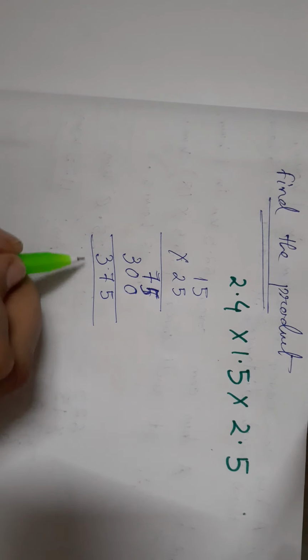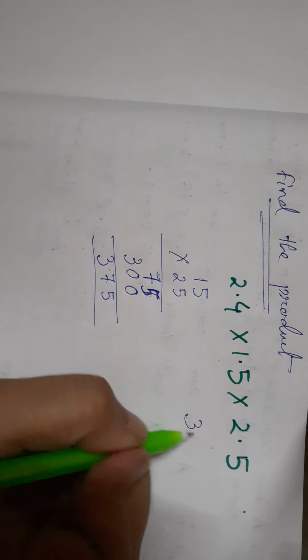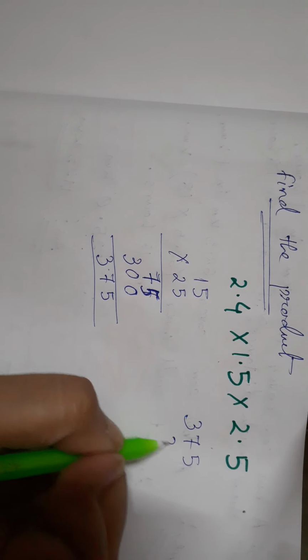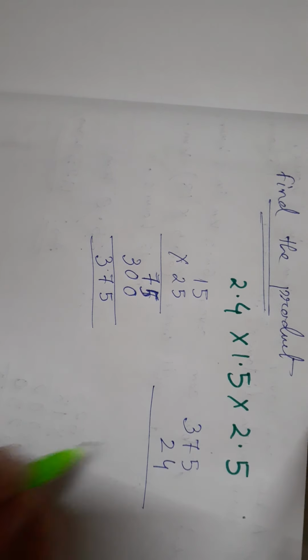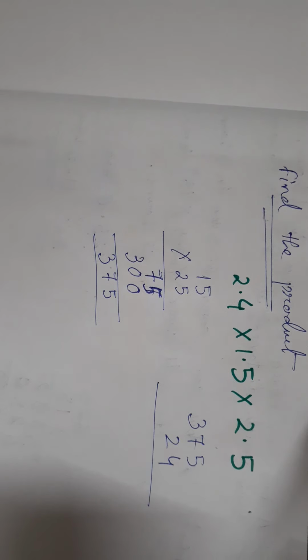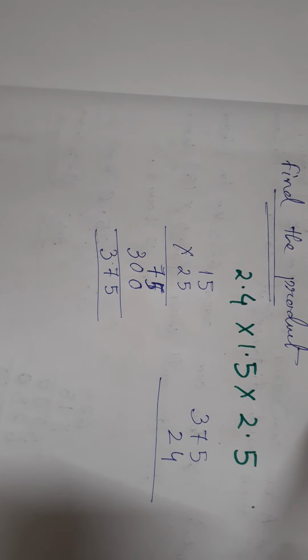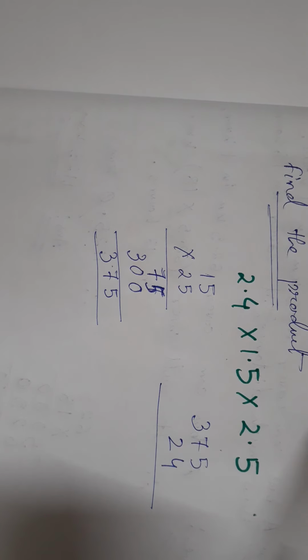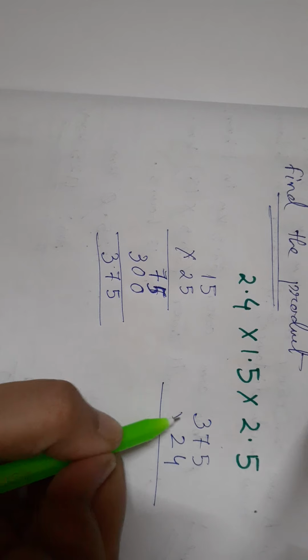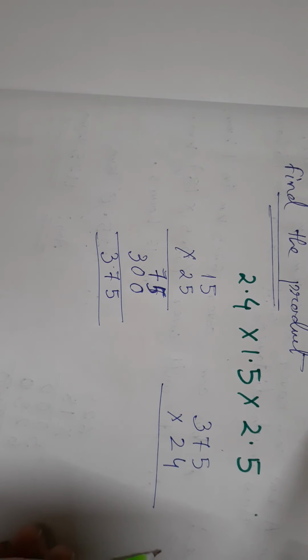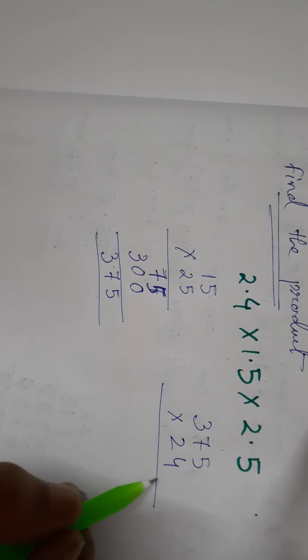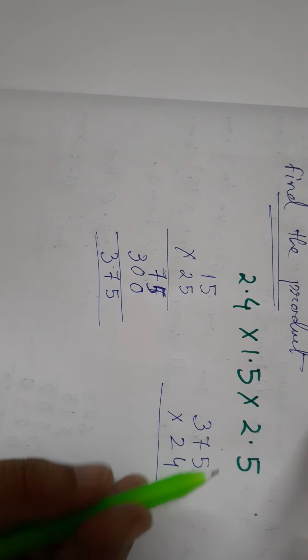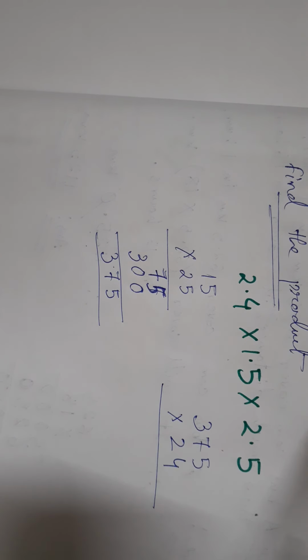So now we will multiply this 375 by 24. Look at the answer, students. We are not considering any decimal point here. We are considering only the numbers and we are just multiplying the numbers. Now when we multiply 375 by 24, we need to multiply this 375 by 4 first.